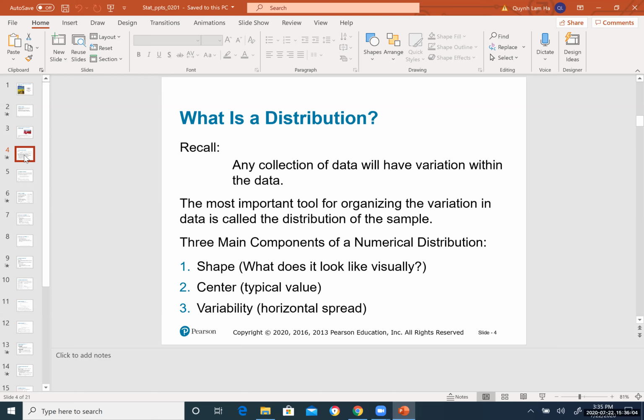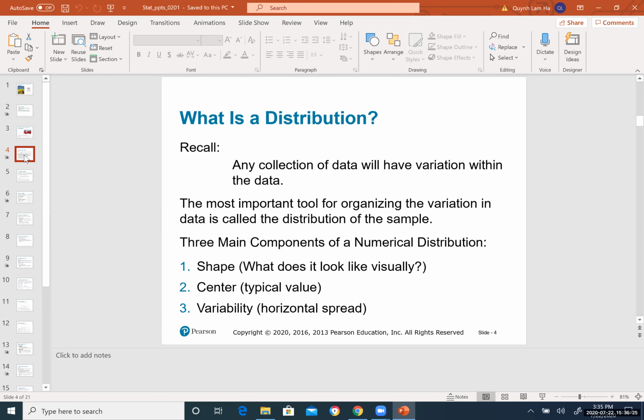The word variation here means how far apart each number, each data value, is. So the most important tool for organizing the variation in data is called the distribution of the sample.